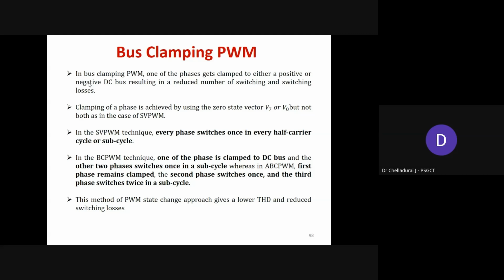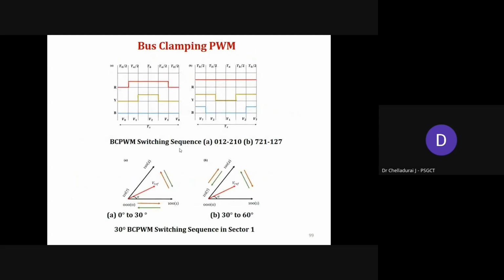Then the switching loss performance and the amount of harmonics injected by this VSI topology is improved. So now I want to explain three different bus clamping PWM techniques.